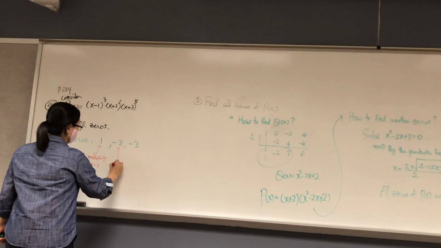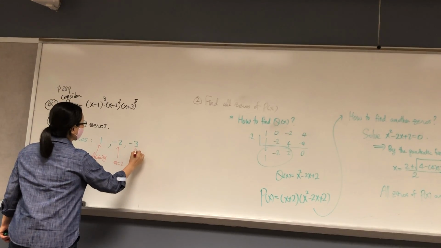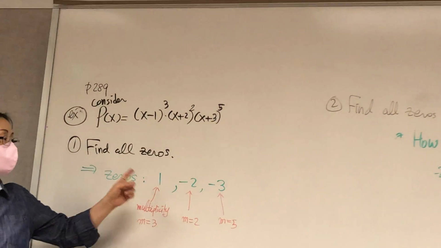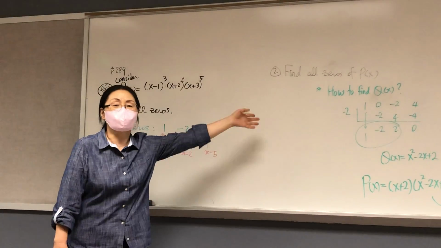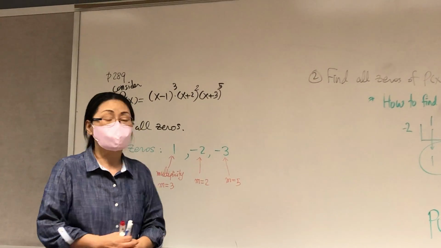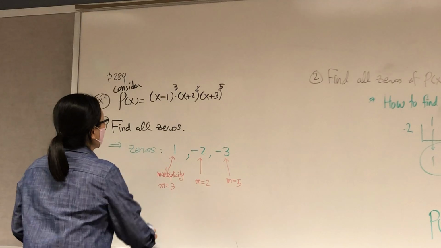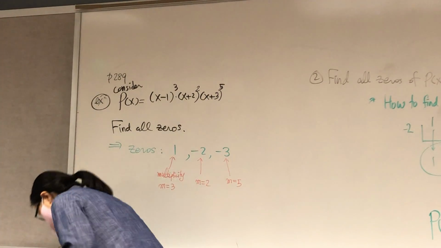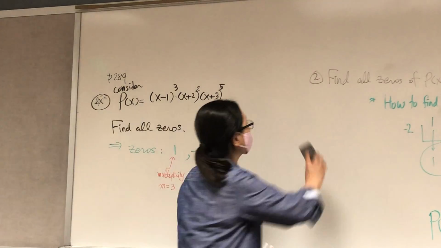What is the multiplicity of each? 3, 2, and 5. So that means 1, 1, 1, then negative 2, negative 2, and then negative 3 five times. Good? You have to understand that this is with multiplicity.